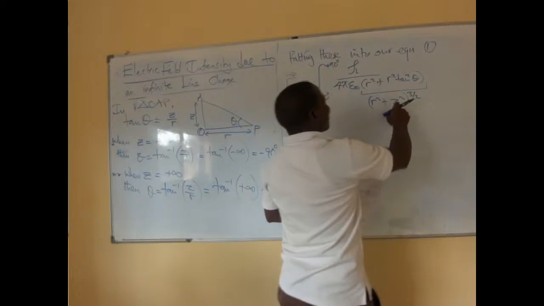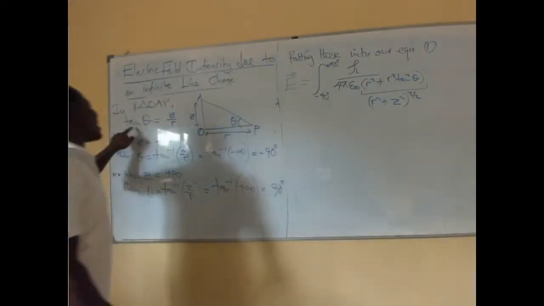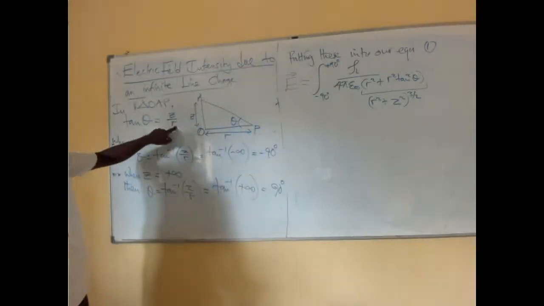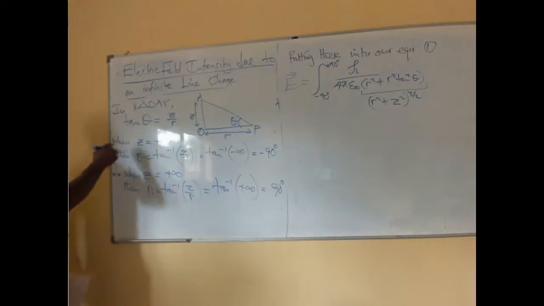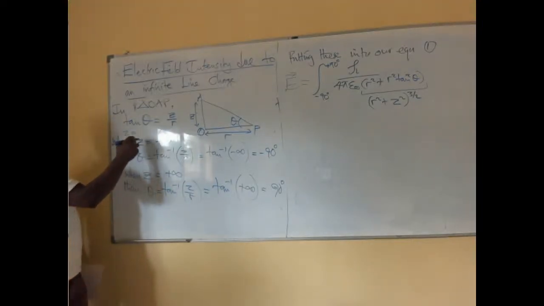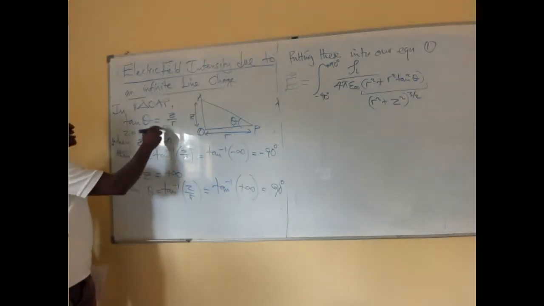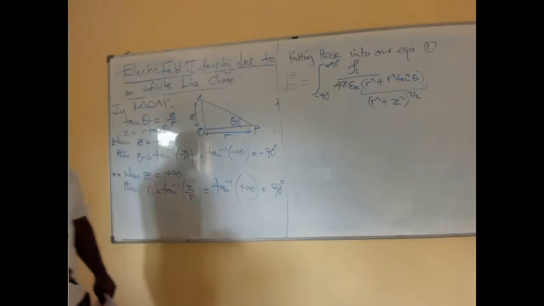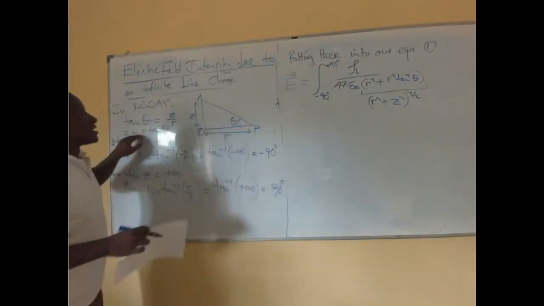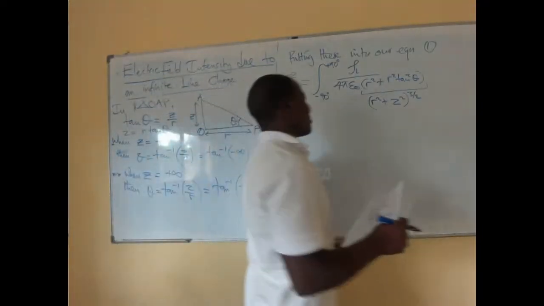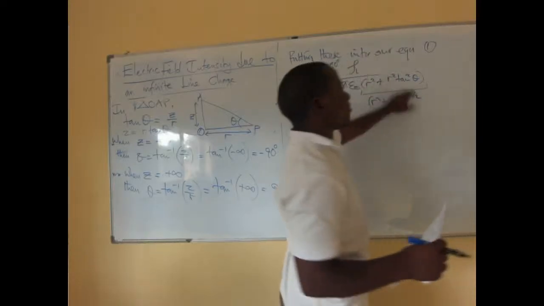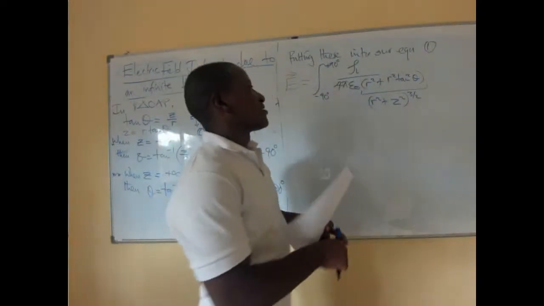Then z, of course, from here, we know that tan theta is equal to z over r. So you can easily say that z is equal to r multiplied by tan theta, as simple as that. Then you get that and replace it where the z is squared. That's how come we've gotten r squared tan squared theta.